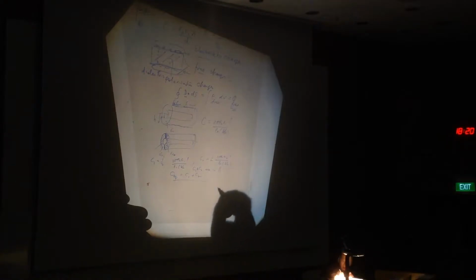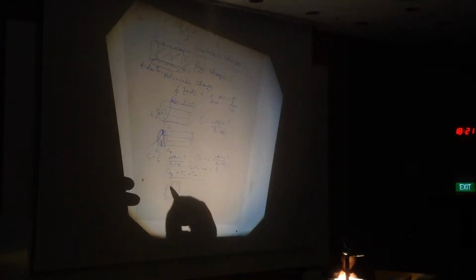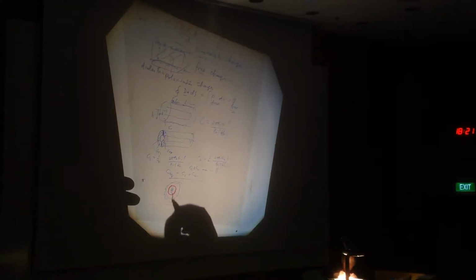We also saw that we can have cases where the capacitances are in series, for example, this way. This is the conductor, then the dielectrics are in series, this one R1.